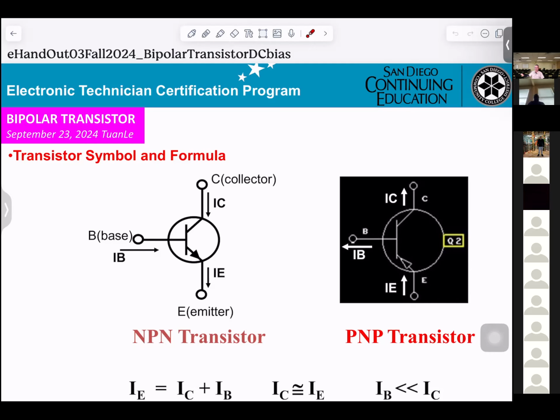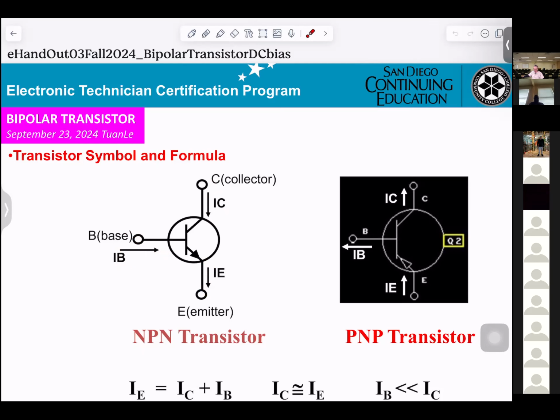Okay. And now for NPN at the base, you get the current coming in, IB. Collector, you get the current coming in, IC. And the emitter, current leaving.